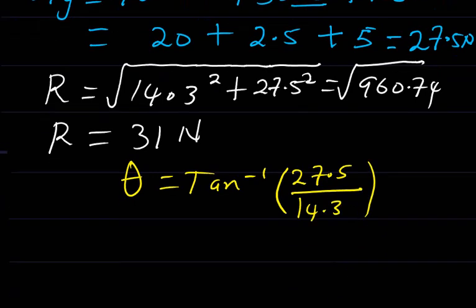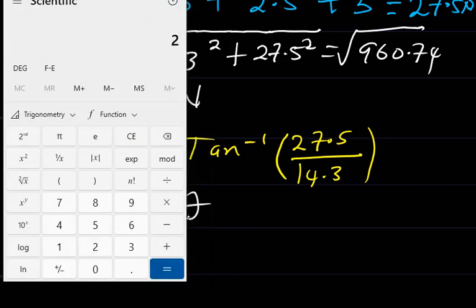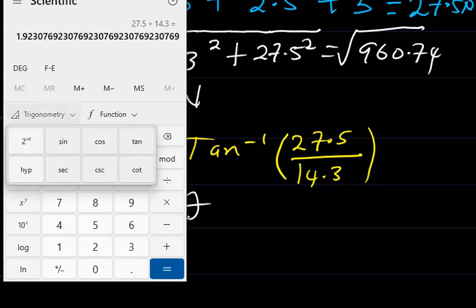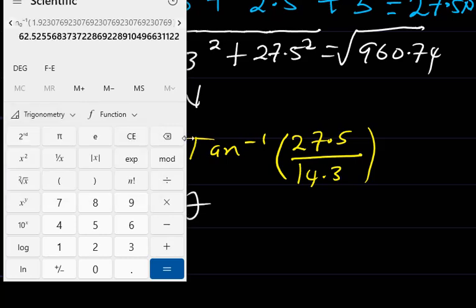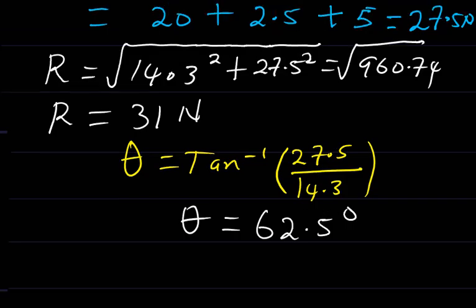So theta is going to be equal to 27.5 divided by 14.3, that's 1.9. Then I find the tan inverse of that, shift tan of that, which gives 62.5. The angle is 62.5 degrees. So that is really very simple.